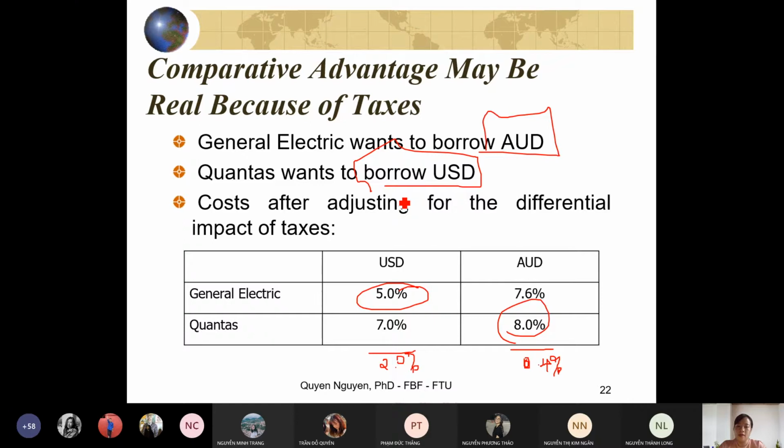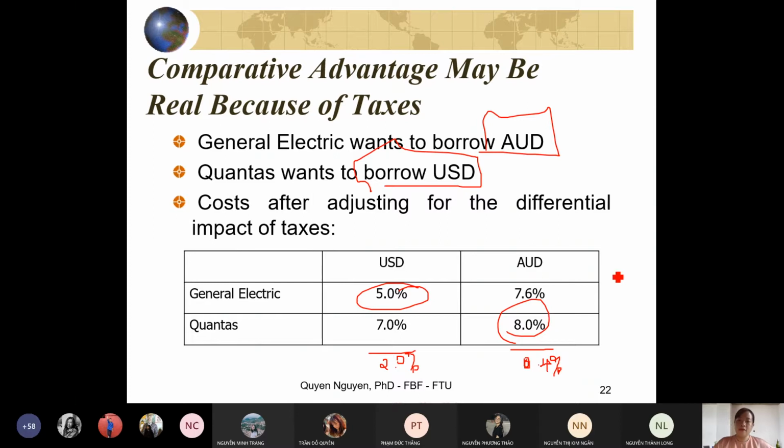The financial institution will be responsible for designing the currency swap contract with the involvement of GE and Qantas, and they must end up making use of their comparative advantage and getting what they want in the end, to borrow Australian dollars and US dollars.